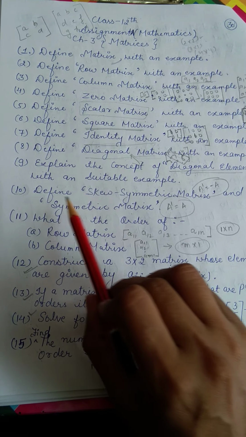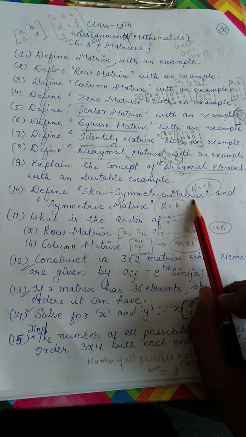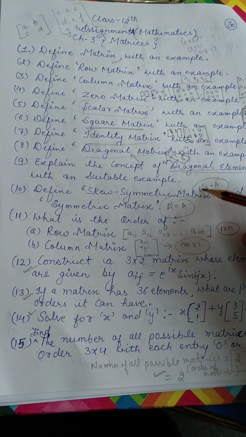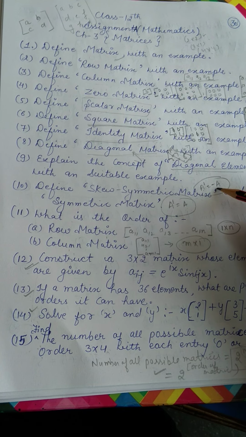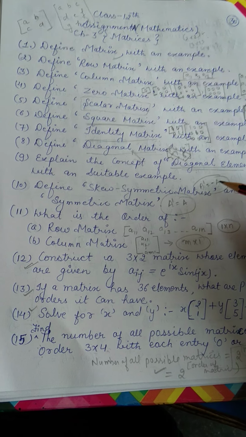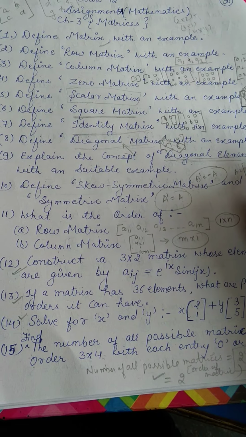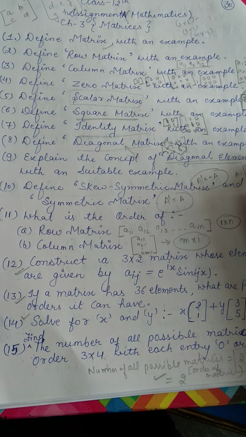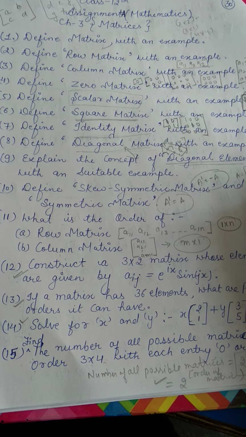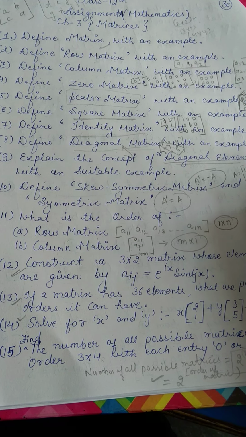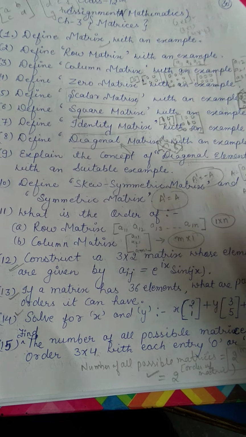Then is, बच्चे, your skew symmetric matrix. The main purpose of this is that you must know whenever you take the transpose of any matrix and you get the answer like negative of A, means for example your matrix was A, B, C and D, and when you do its transpose you get minus of A, minus of B, minus of C, minus of D, then your matrix will be skew symmetric.